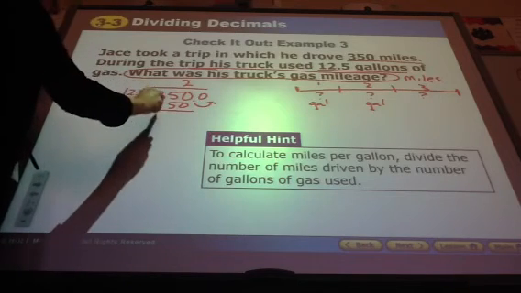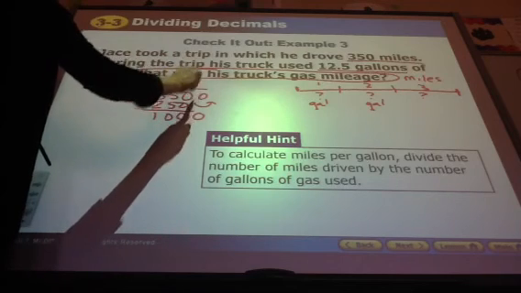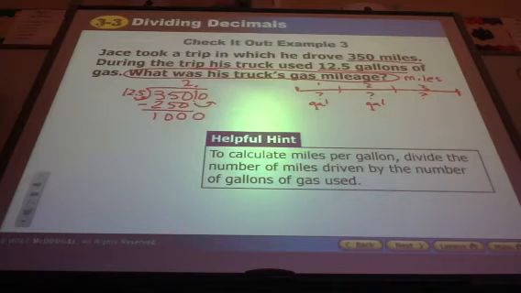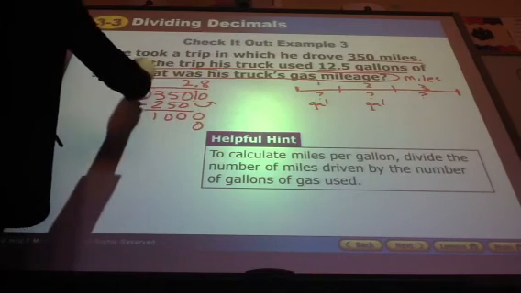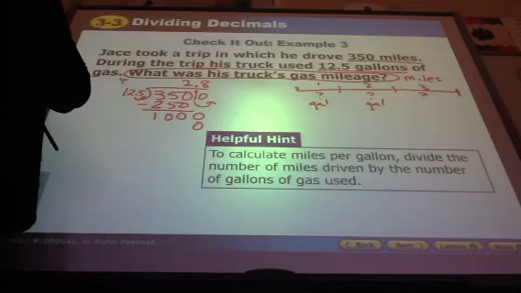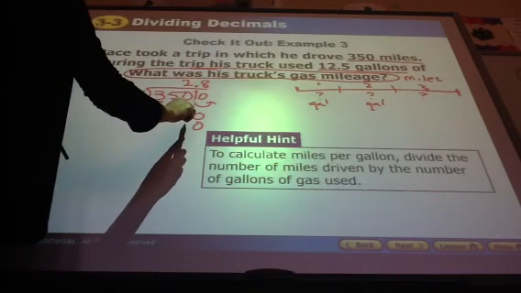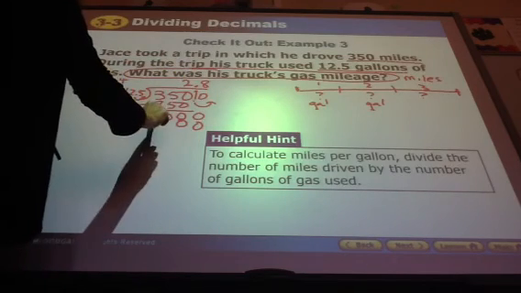When I subtract, I get 100, and I bring down my other 0, so I'm going to bring my decimal point up, and I'm taking 125 into 1,000, and let's try 8. So 8 times 5, that's 40, carry the 4. 8 times 2 is 16, plus 4 is 20, carry the 2. 8 times 1 is 8, plus 2 is 10.